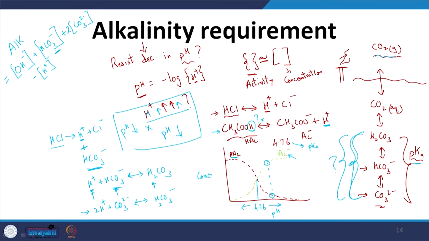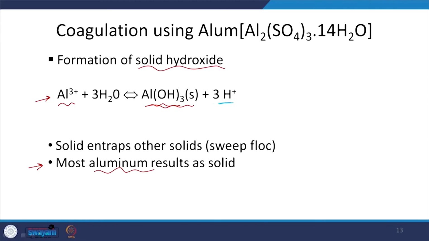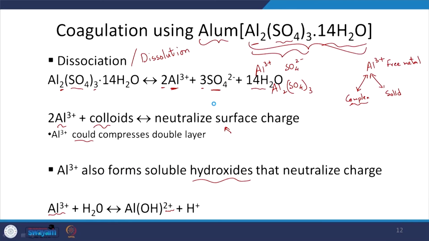But if there is little to no alkalinity and any acid is added, because as you see when you are adding alum, acid was being released, 3 H plus is being given out. Even in the other reactions, when the complexes are being formed, H plus is being released into the solution.